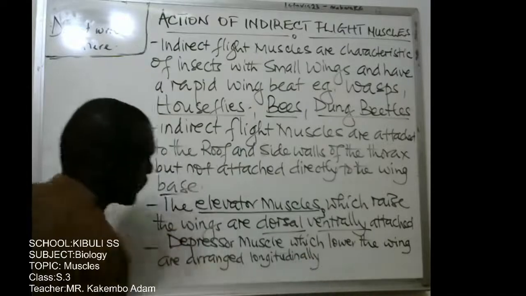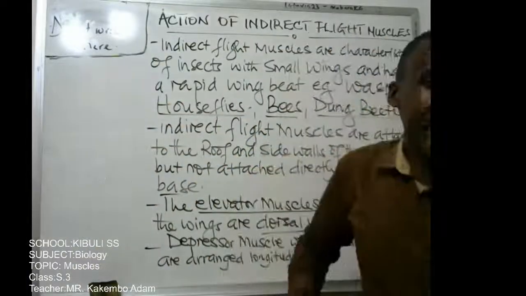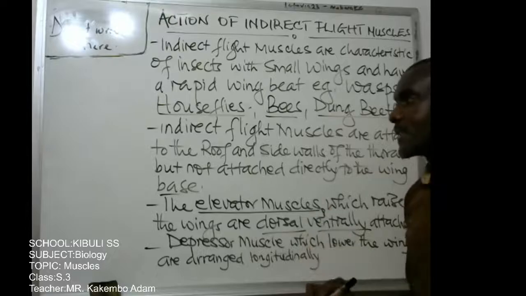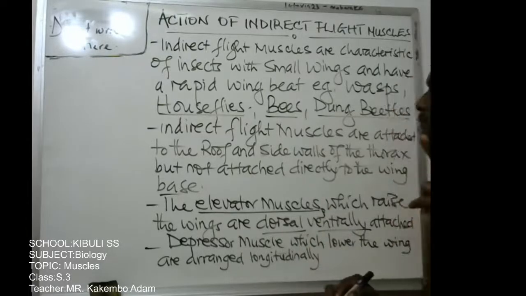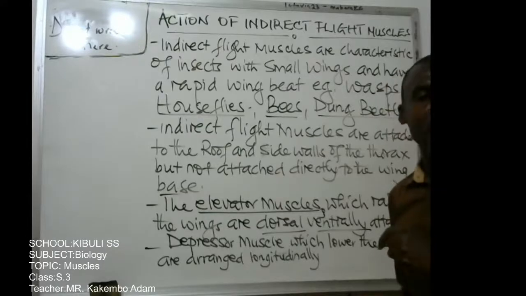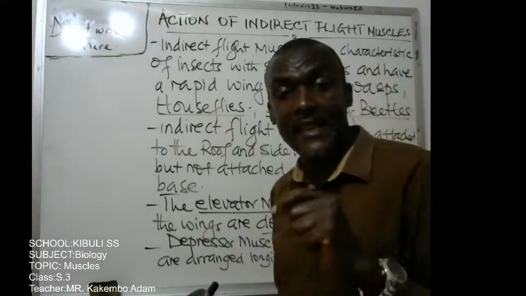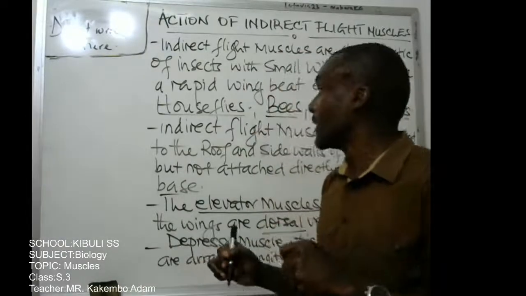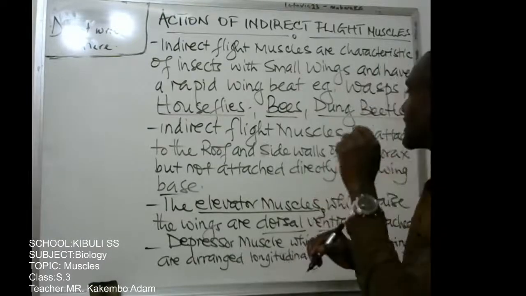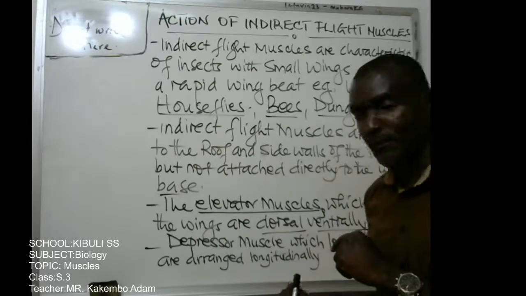Please take note of the arrangement and attachment of the indirect flight muscles in such insects. These are muscles which are not directly attached to the wing base. Remember, the direct flight muscles are attached directly at the base of the wing. The indirect flight muscles are attached to the roof and side walls of the thorax, but not directly to the wing base.